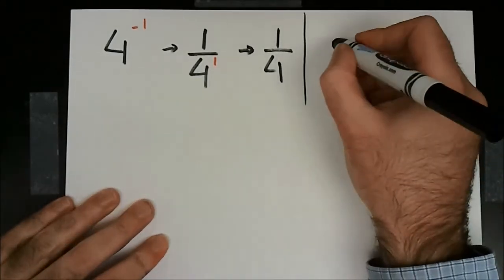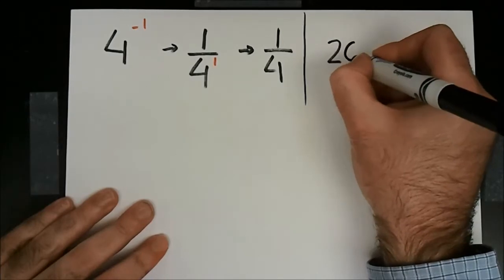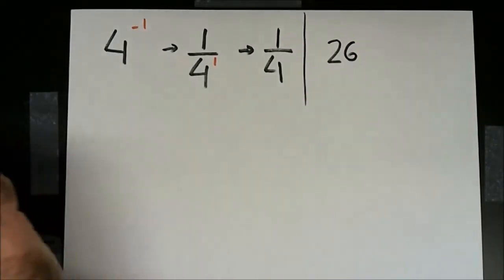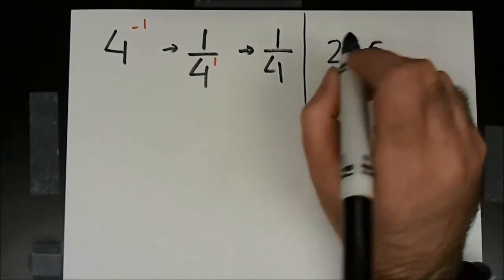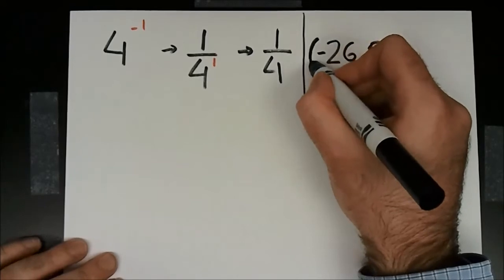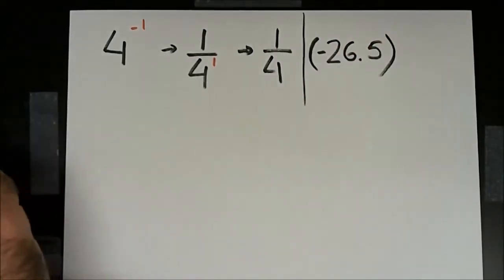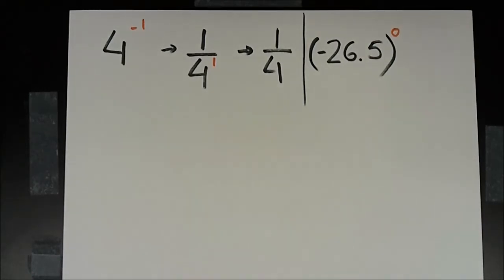Let's look at 26.5 negative, all taken to the 0 power. Can someone tell me what that is?